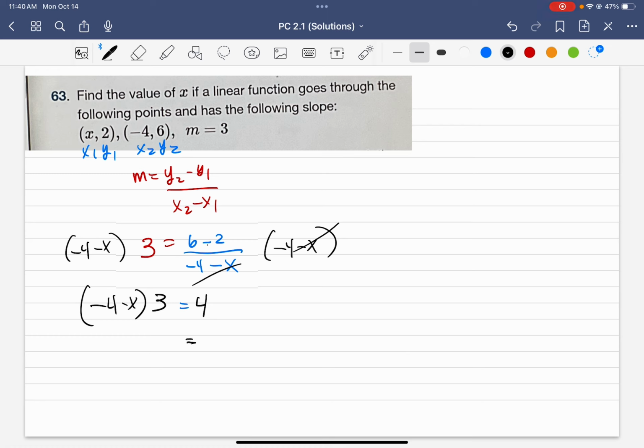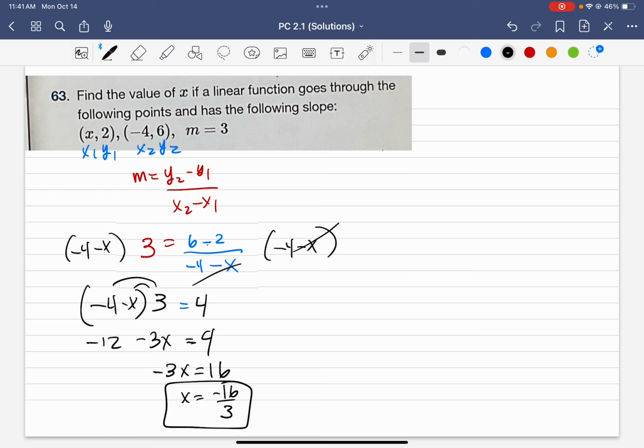So if I want to, I can distribute. So we get negative 12 minus 3x is equal to 4. You could have also divided, but this is going to help you in the long run. If you add 12, you get 16. If you divide, you get negative 16 over 3. So that means x must have been negative 16 over 3 for everything to work out nicely.